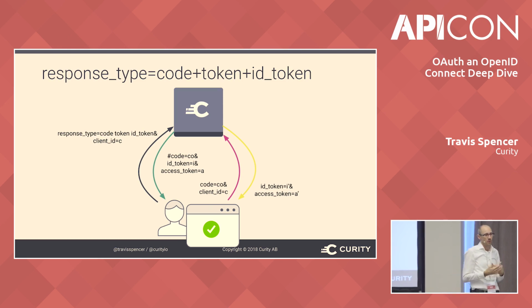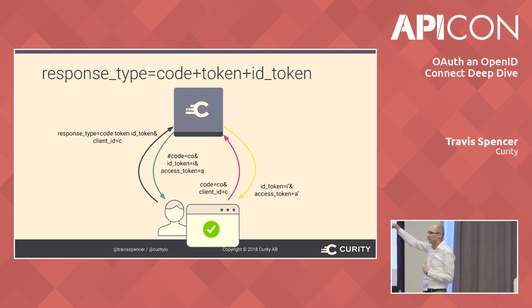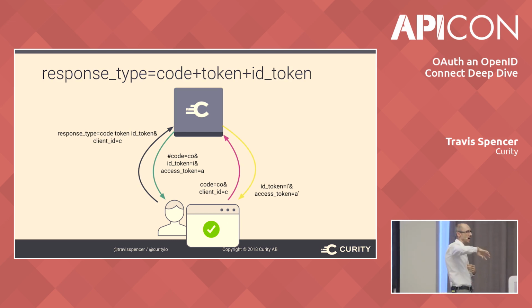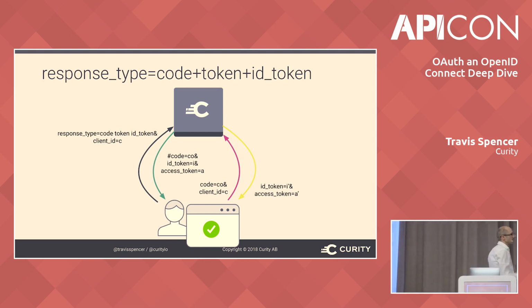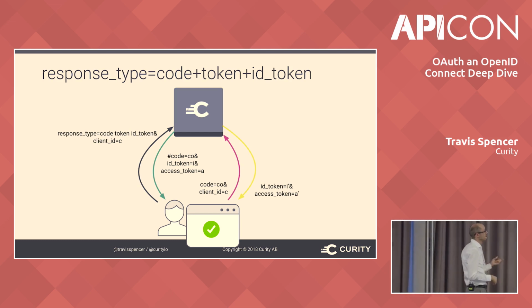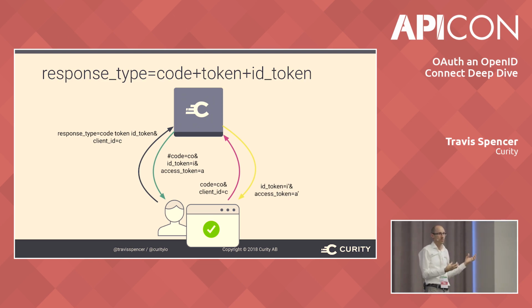So the token and ID token will allow, on this green line, the second response that goes through the browser and the fragment, to obtain the ID token, I, and the access token, A. And it will send the code to its backend, and the backend will then redeem that and get access token A prime, and it will get ID token I prime. So again, could be different.